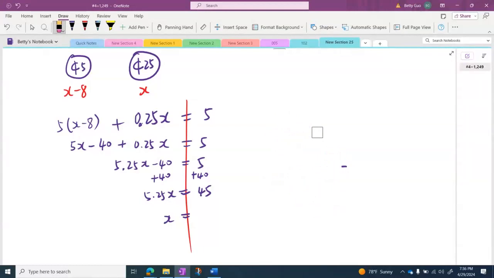It's supposed to be an integer, whole number. 5x minus 40, 25 cents x, $5. 5.25x equals 45.